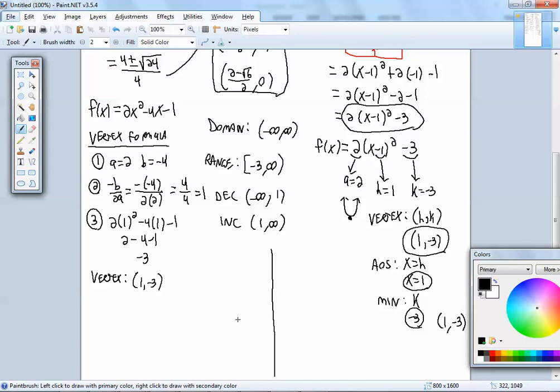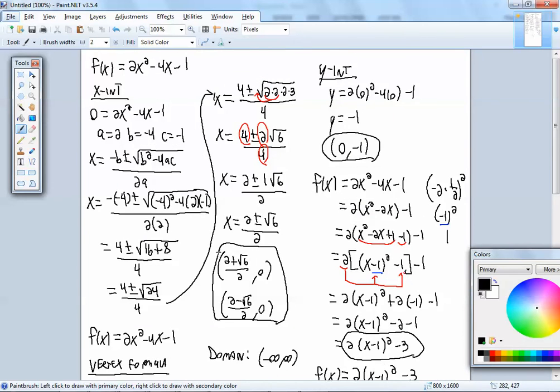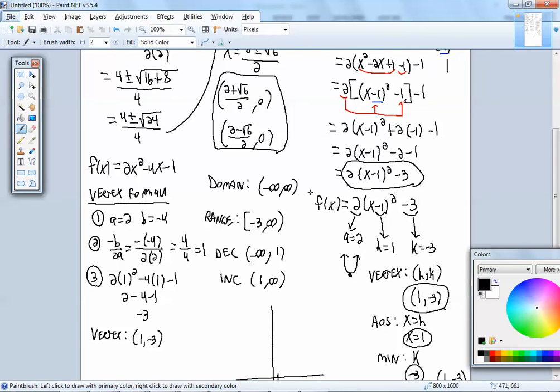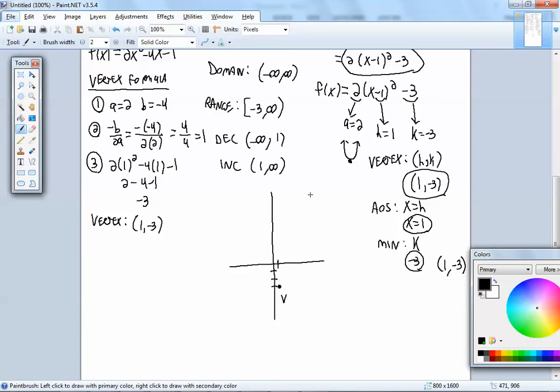Okay, see our graph's opening up. Vertex is (1, -3). So 1, 2, 3. (1, -3) is right there. That's my vertex. Let me see, what do I have that's useful? Y-intercept is (0, -1). (0, -1) would be right here. That's my y-intercept.